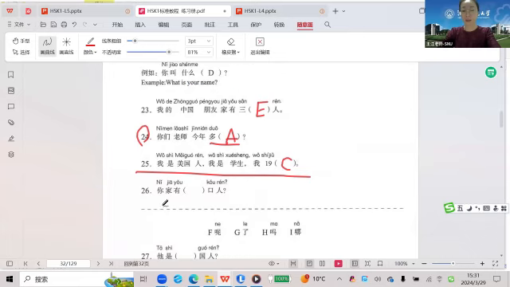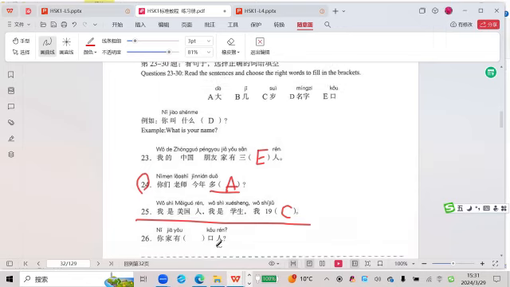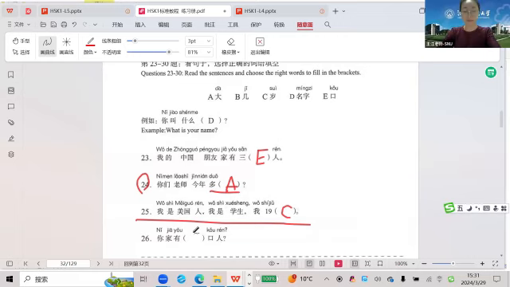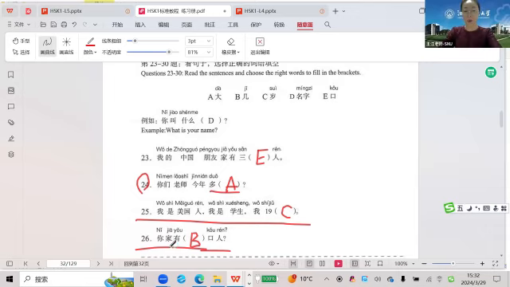Okay, very good. Number 26, Muhammad Ashad Mustaq. 你家有几口人？ So B, right?